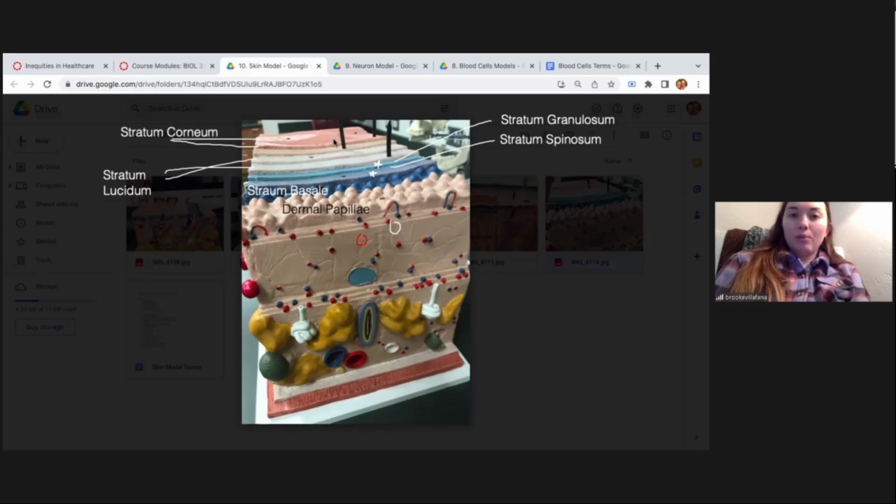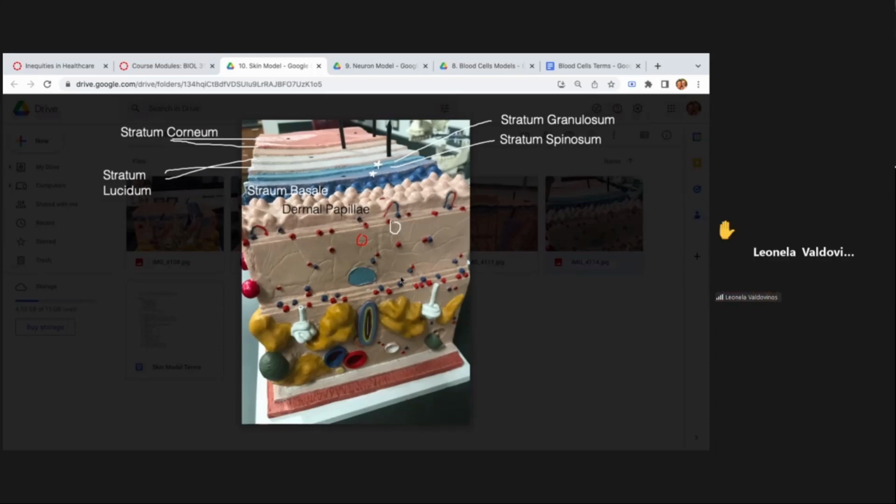If you look, part of this model doesn't have hair follicles, so I think they're just trying to get students to understand all the different things that could be found in the skin, even though maybe this isn't perfectly accurate, like you said, where there's hair follicles. But good critical thinking there. It's just because we want you to be able to label all the different parts. So I think they were trying to incorporate everything in one. Okay, thank you.